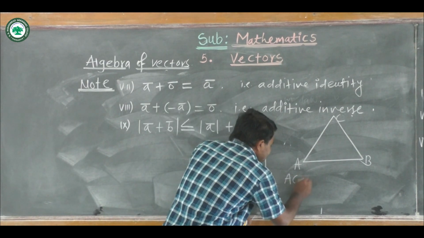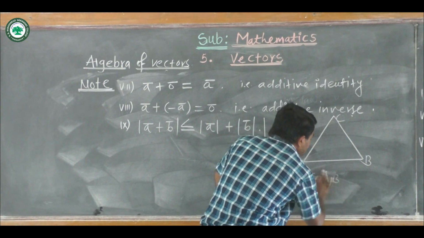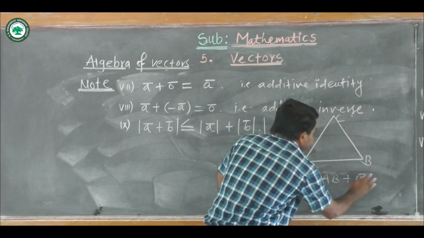So AC is always less than or equal to AB plus BC.